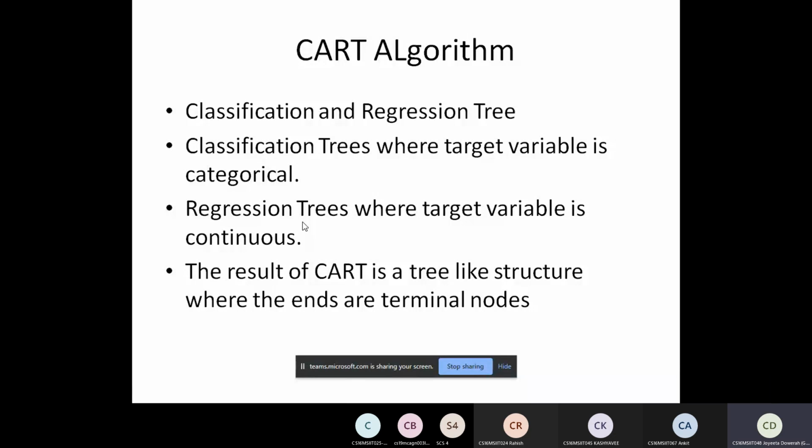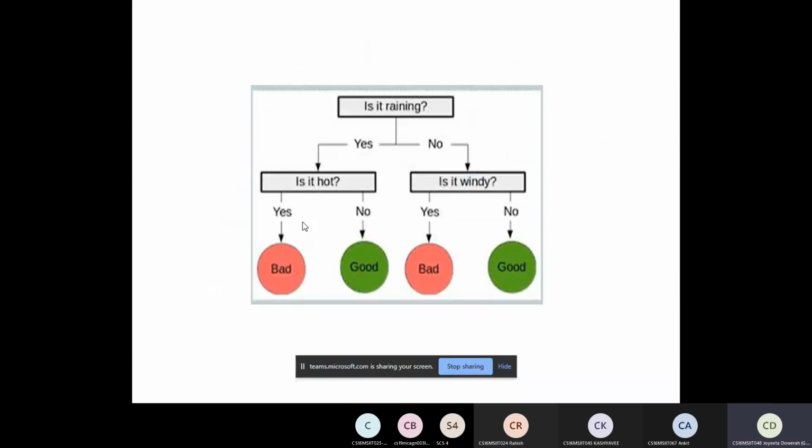The CART algorithm is structured as a sequence of questions, and the answer determines what the next question may be. It's a tree-like structure where the ends are terminal nodes, where no more questions can be formed. Let's see an example. Here the question asked is: is it raining or not? If it's raining, then is it hot?